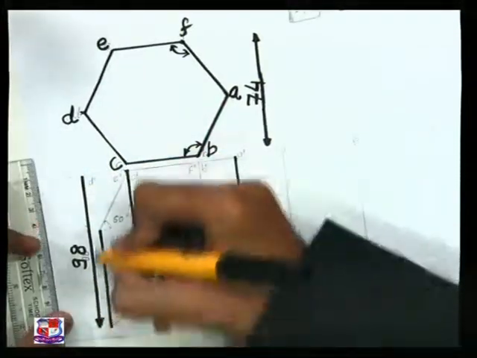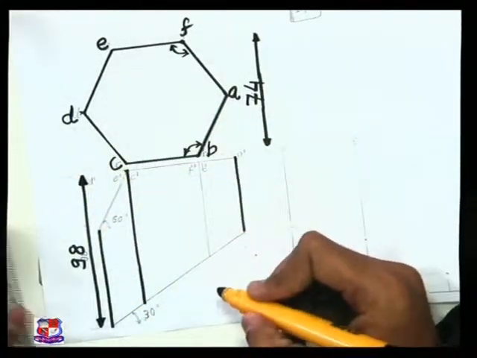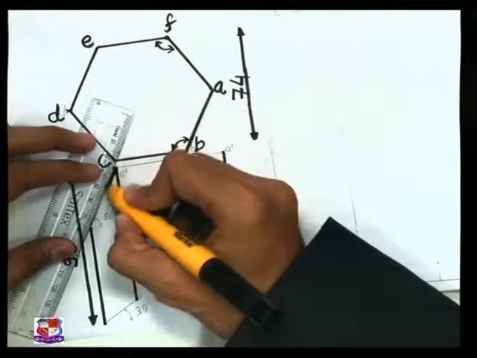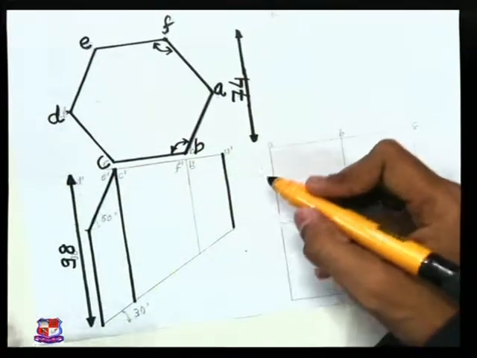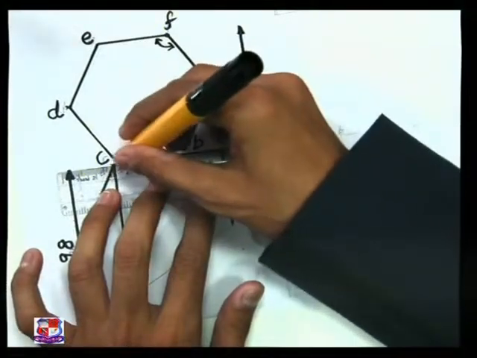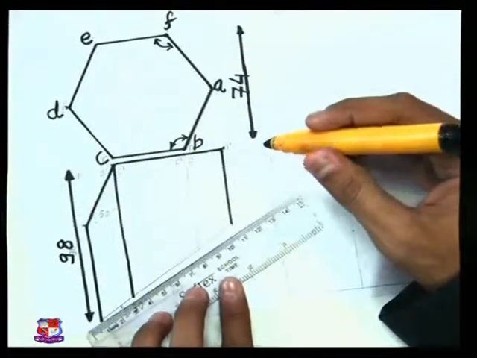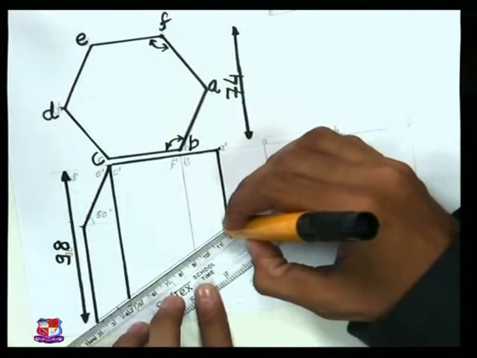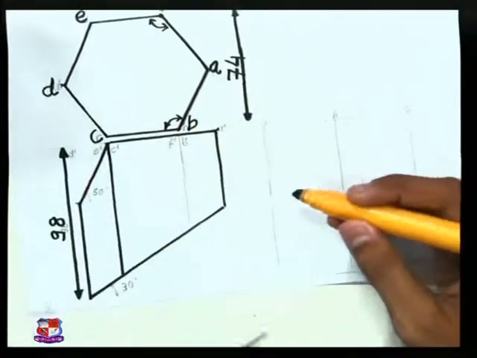Total height is given as 98 mm, and here this angle is given as 60 degrees that we can draw like this. This shows the upper base of the given hexagon, and this is the cut section which makes an angle of 30 degrees with the horizontal line or XY line.